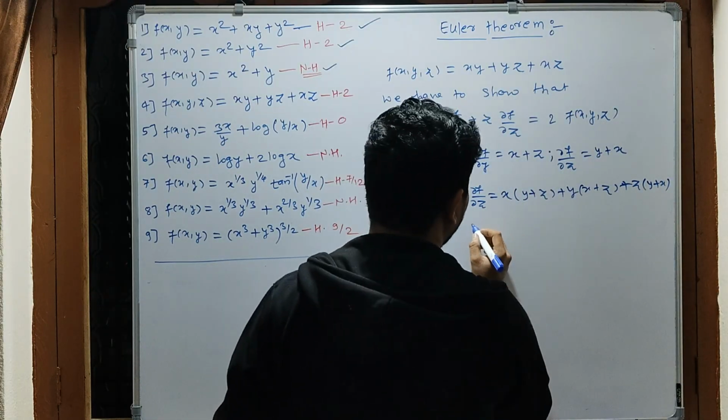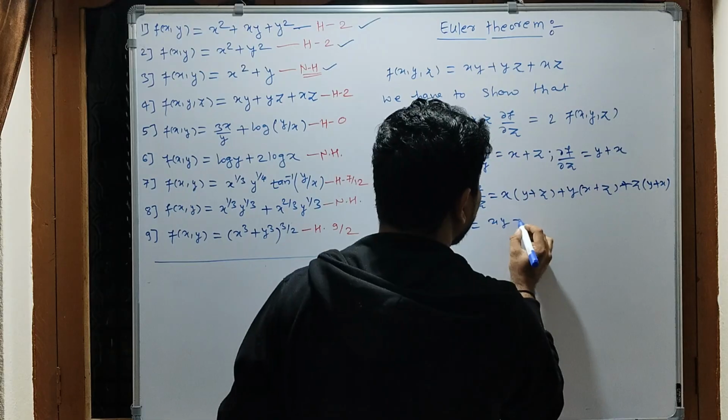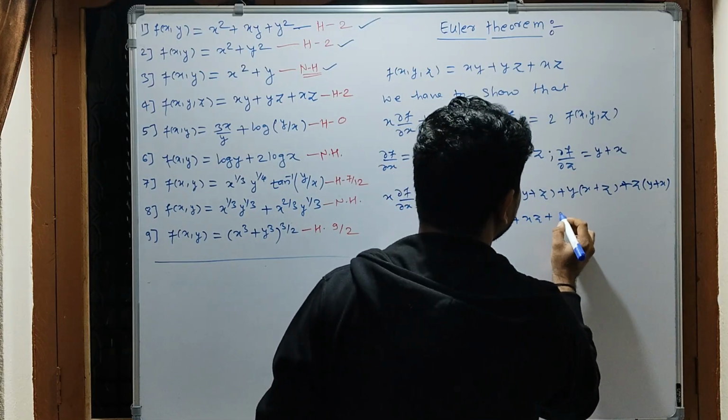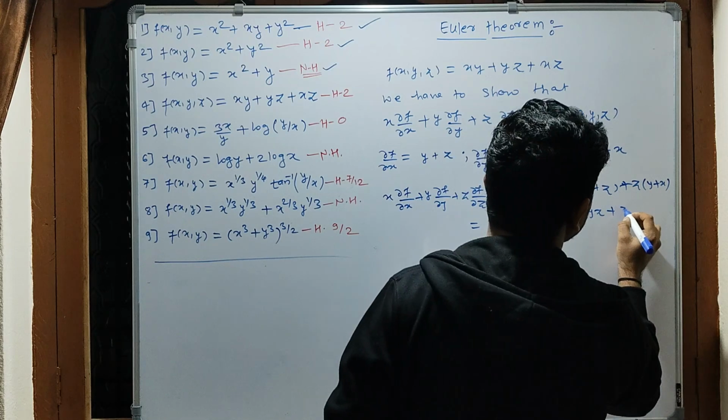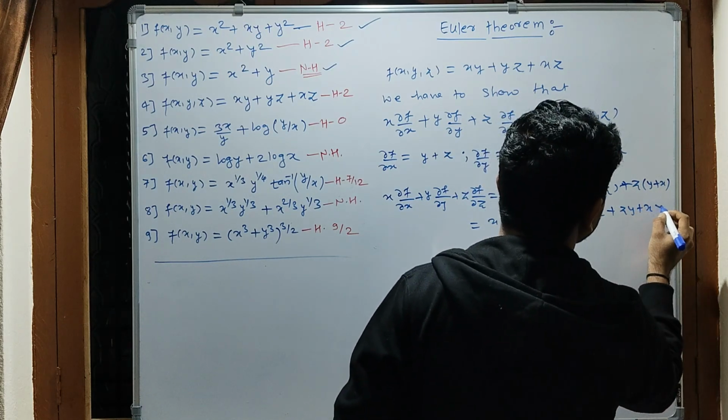Just multiply the brackets: this is xy, this is xz, this is xy, this is yz, this is zy, this is xz.